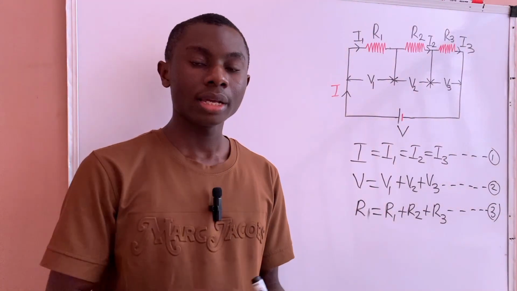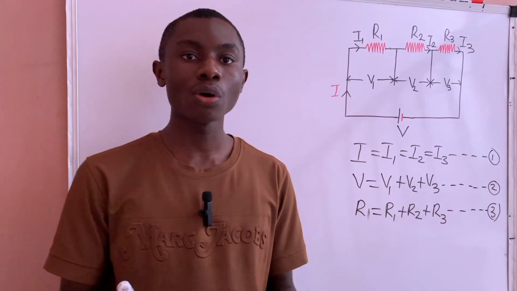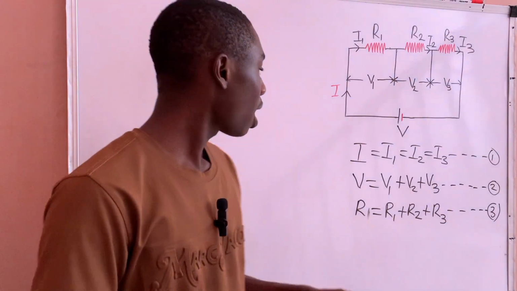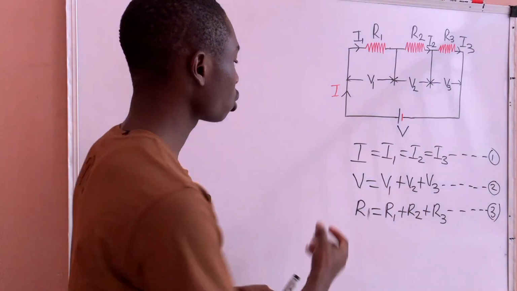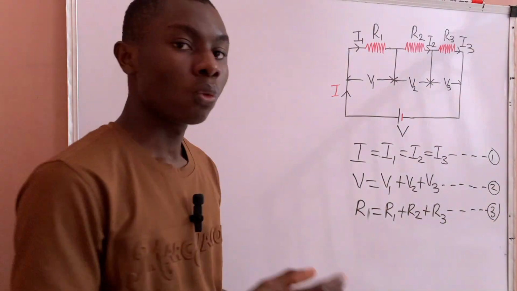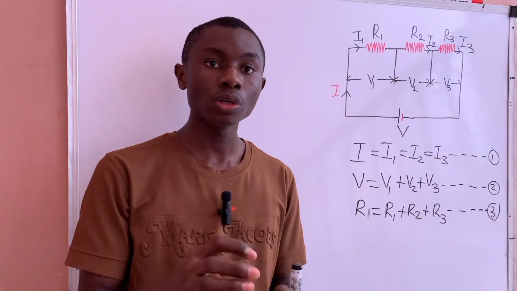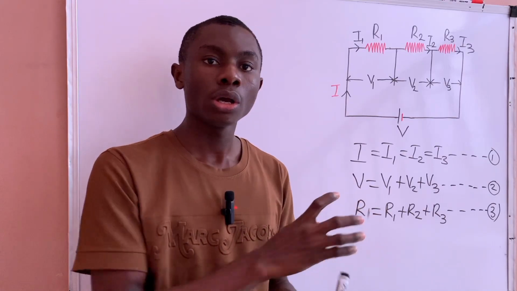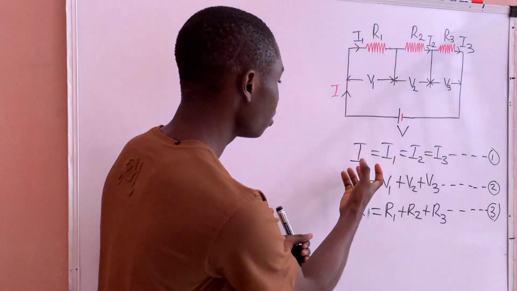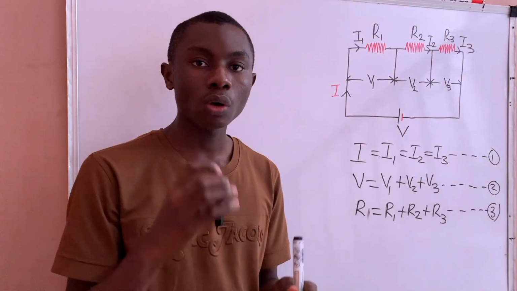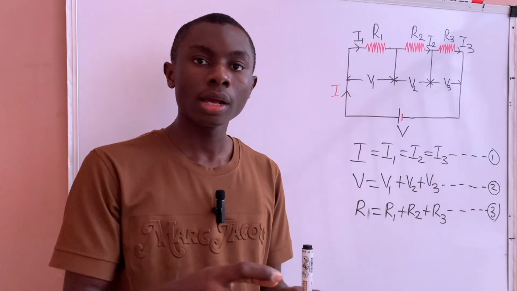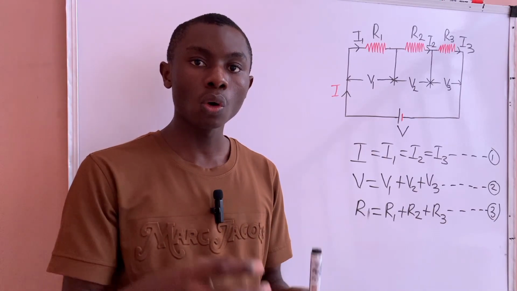Our aim here is to find the voltage divider rule formula. And since in a series circuit current is the same, we will look for the value of current, so that whenever we see I, we can substitute the value of that current into it.